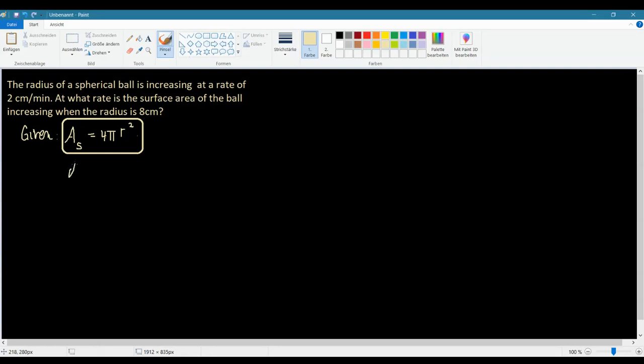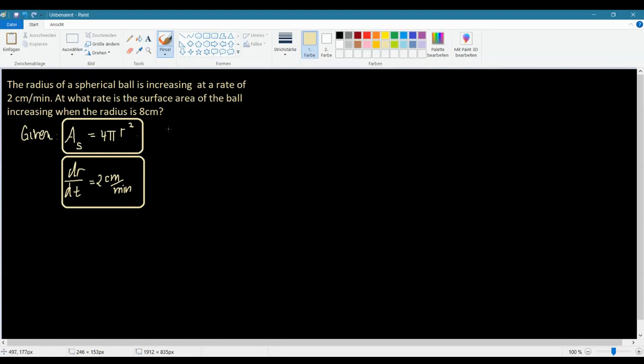So that is dr by dt, change in radius over change in time. That is 2 centimeters per minute. We're definitely going to be using that. So that's good to know.